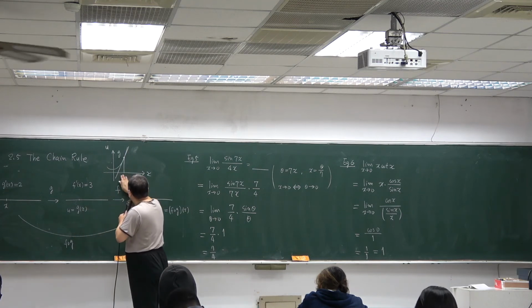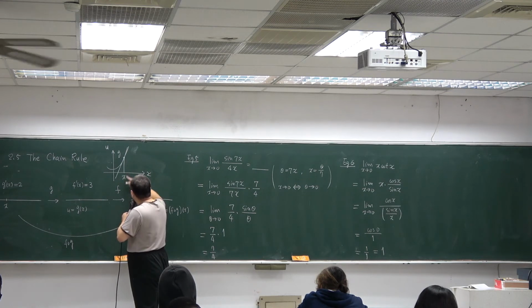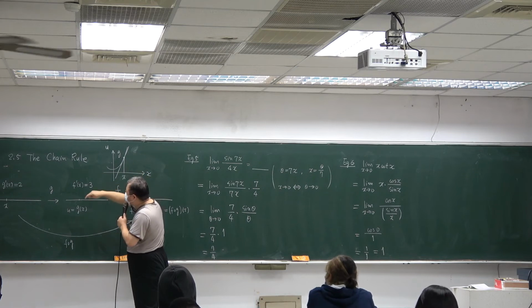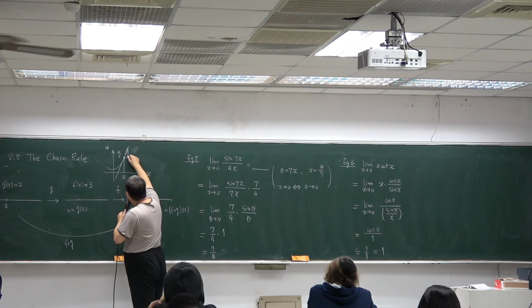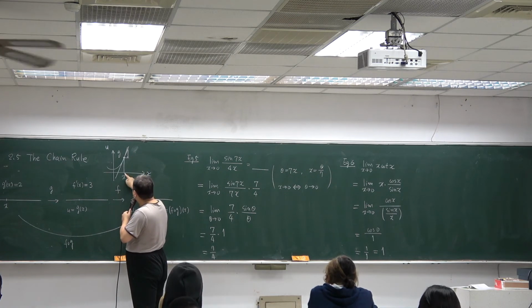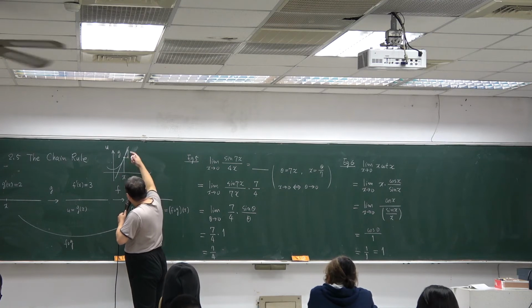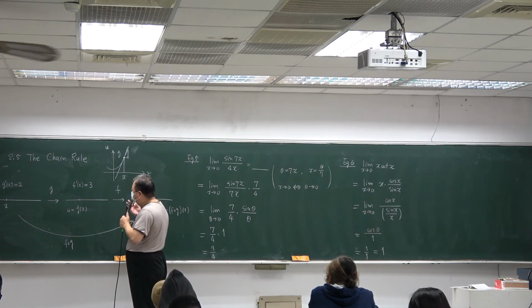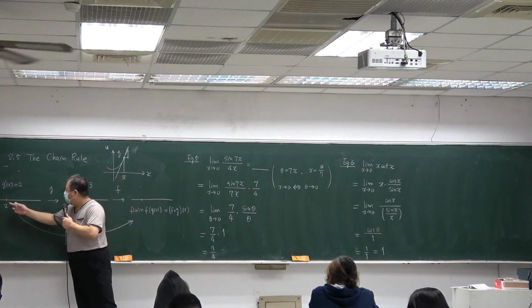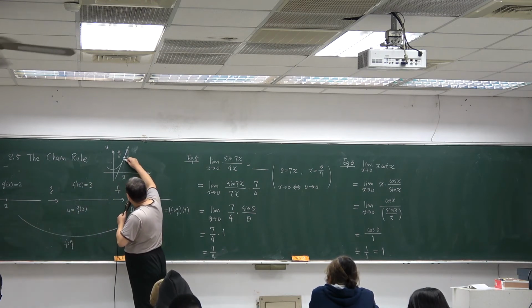Here, x is 1. g prime x is 2 means the slope here is 2. If we consider the increment of x is very small, yes, the concept of differentiability of a function at some number means locally it's linear.